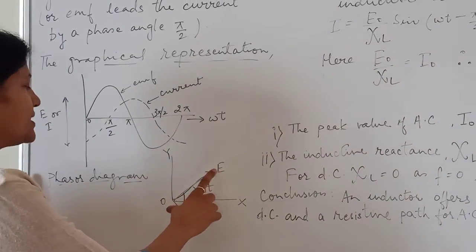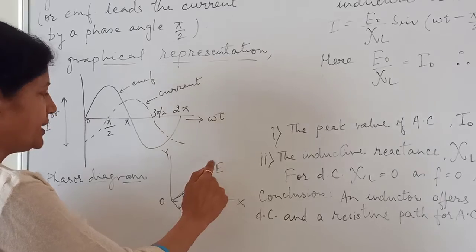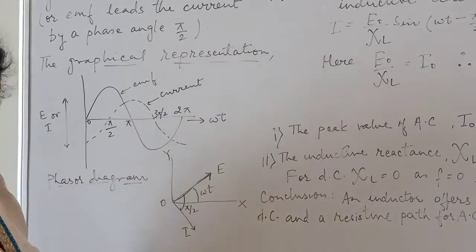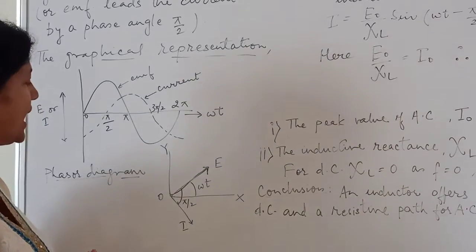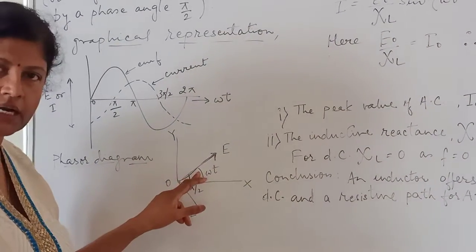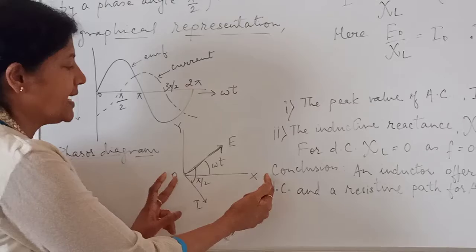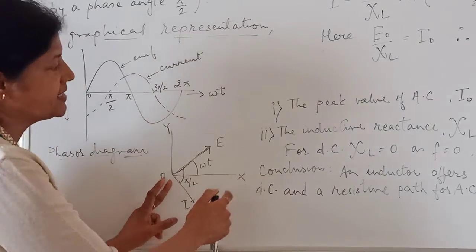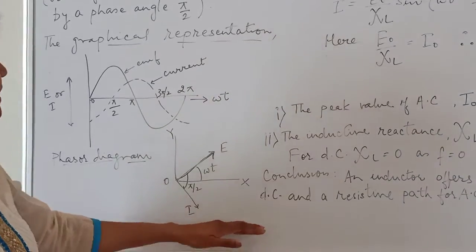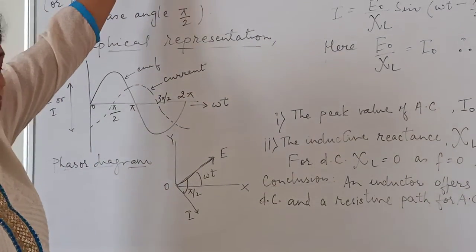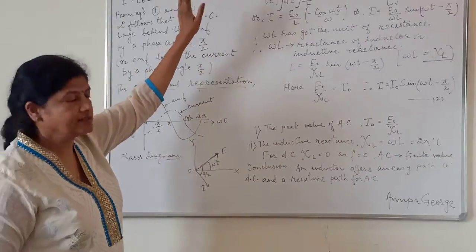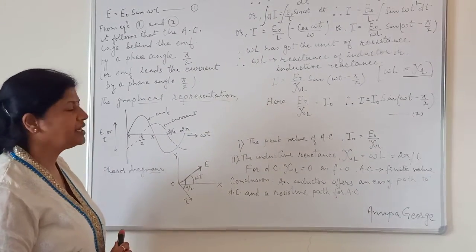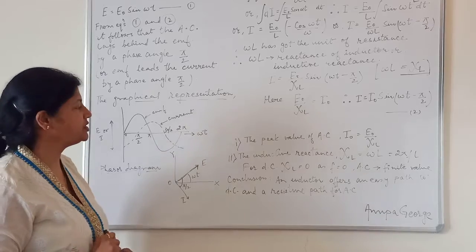And this line from O to E for EMF makes an angle of omega t with the x-axis. So from this combination of inductor and alternating EMF, we get two important pieces of information.